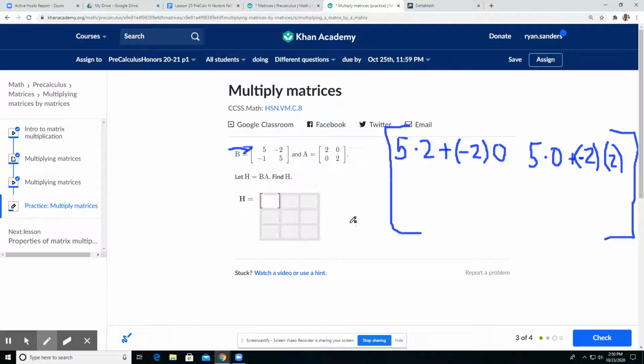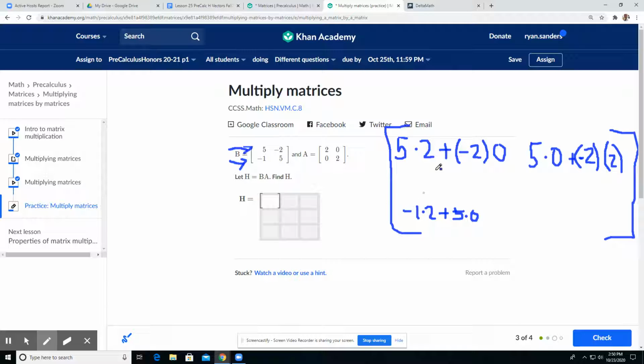Okay, let's go ahead and do the same thing. So now we're on this second row and first column here. Second row, first column. That's going to give us the second row, first column entry. So second row, negative 1 times 2 plus the 5 times 0.